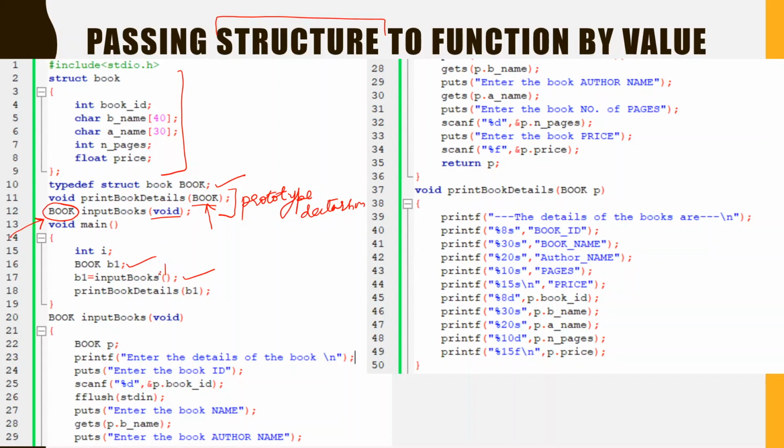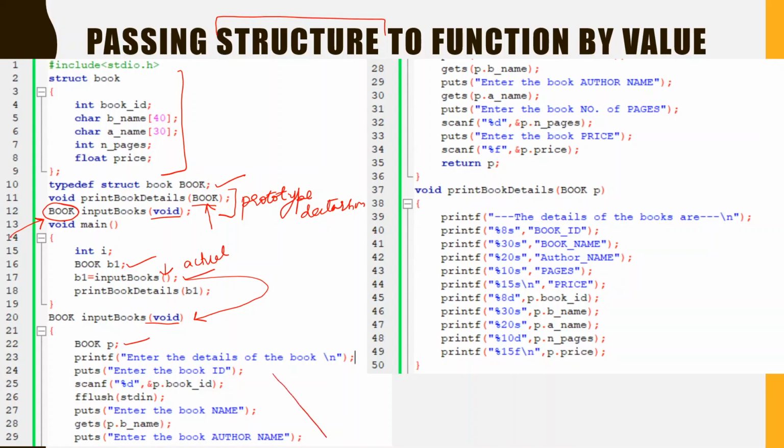There would be no parameter given to the function. As this call takes place, the function goes there. Since there is no actual parameter passed, there would be no formal parameters received. Here a variable of type book is created.